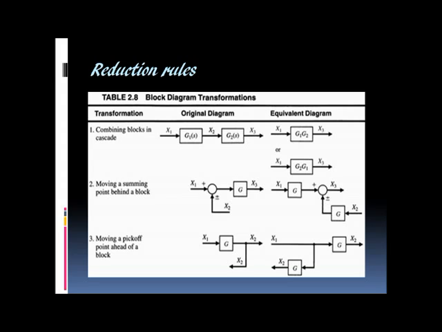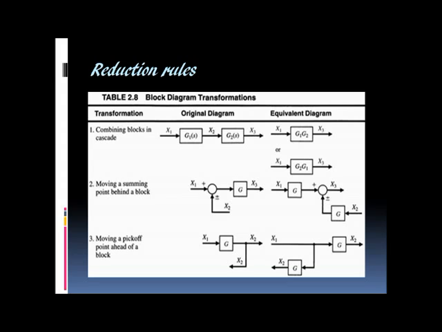Here you have G, and the summing point is being moved behind the block G. We see that the branch gets a new block which is the same as G, that is, it also contains G. In the same way, we have moving a branch point ahead of a block.